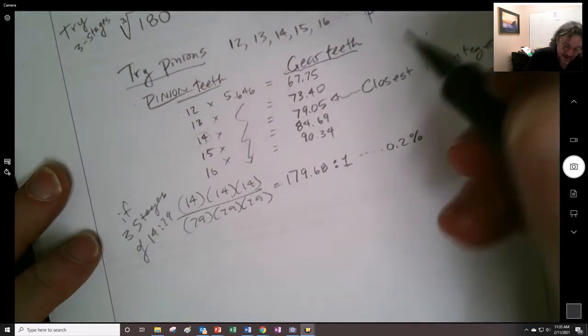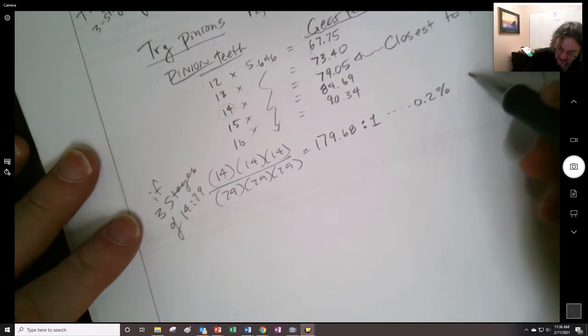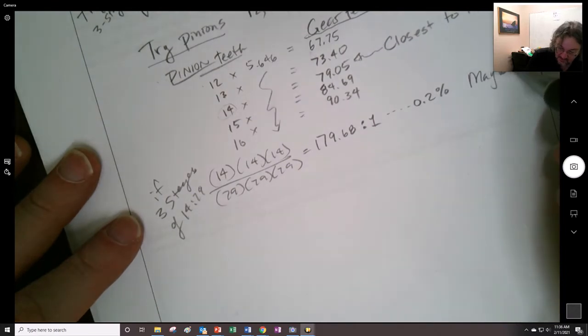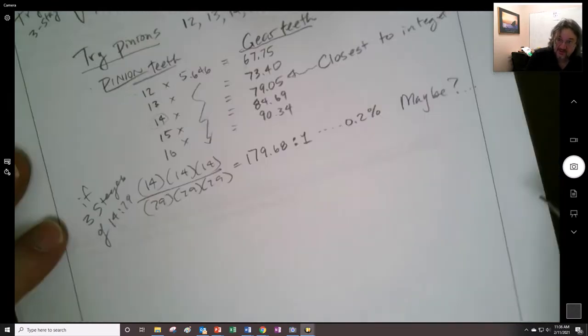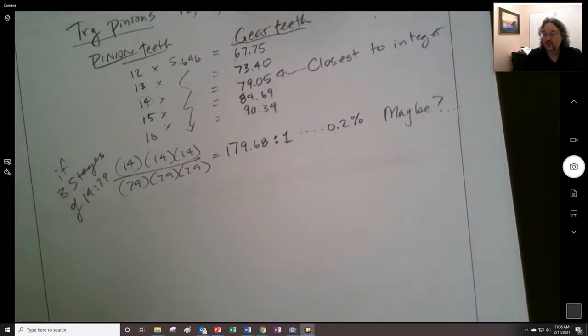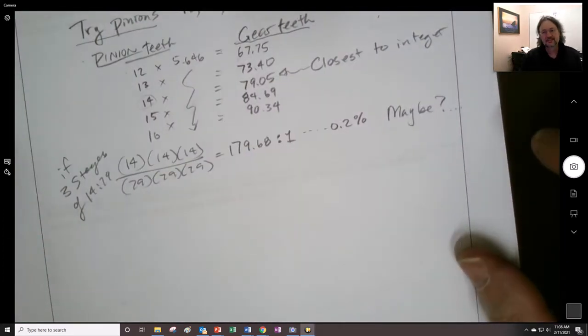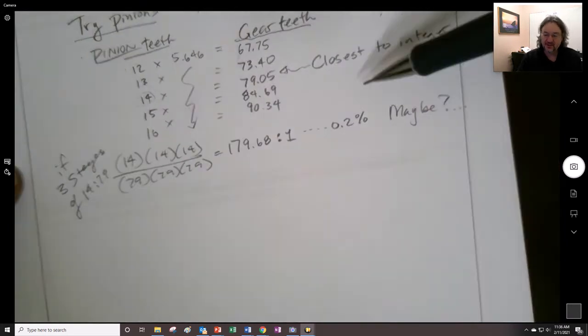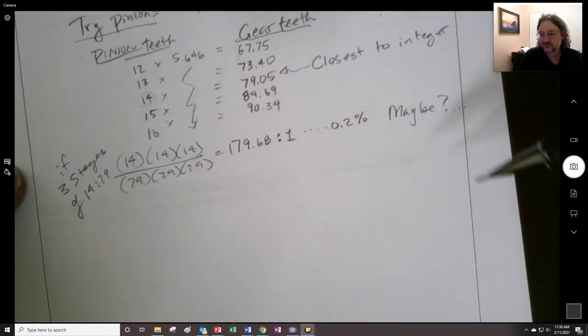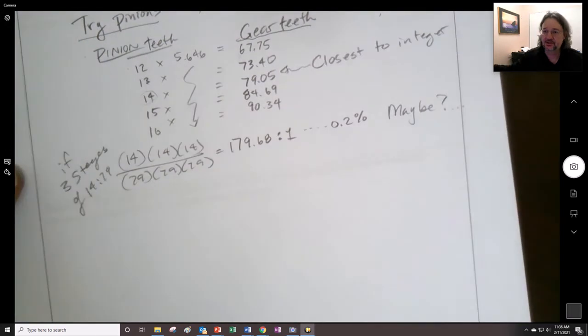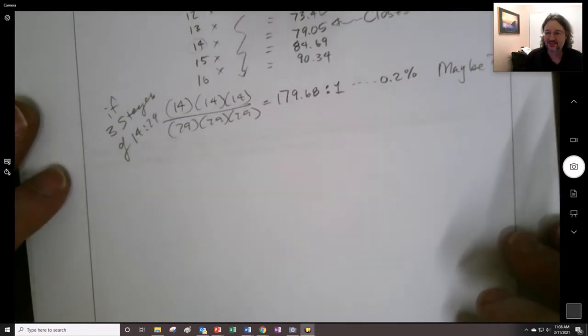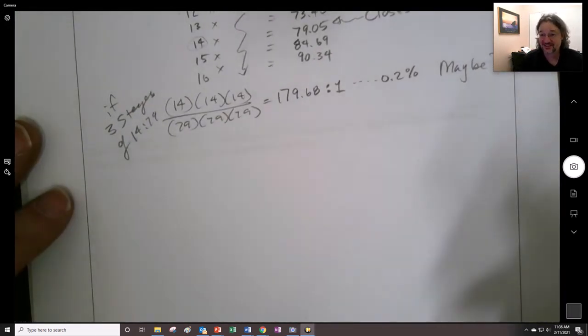Because someone set a specification and sent us on a mission, saying you have to be 180, were they really serious? Is 0.2% going to matter? Well, it depends on your relationship with the people writing this up.